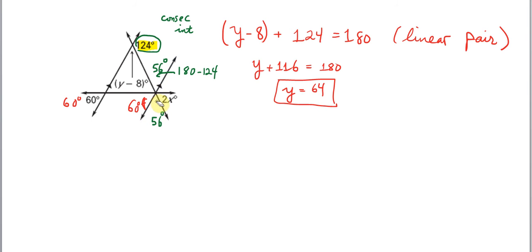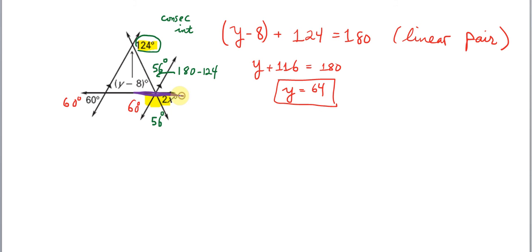I'm just going to leave the angle measures in place. Let's see what we have right here. We have three angles: the one that's 60 degrees, the one that's 56 degrees, and the one that's 2x. Those three angles together form this wonderful straight line. They form this straight line right here.